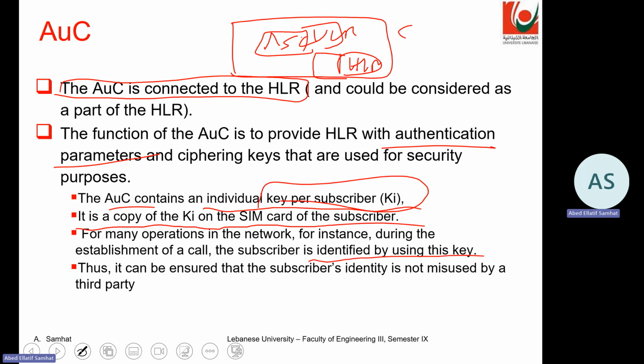That's why you cannot make a call if you don't have your SIM card or your electronic SIM card, because you need this subscriber key in order to be identified by the network, by the authentication center. The importance of this is that we can ensure that the subscriber identity is not misused by any third party.